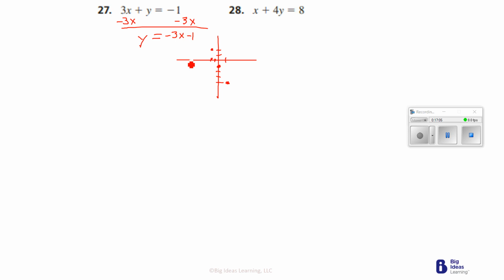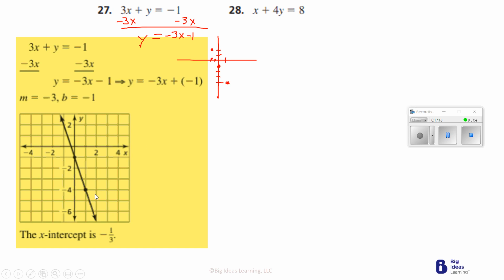So that should give me a slope of negative 3 and my y-intercept of negative 1. So x-intercept is negative 1/3, just like I said. Okay. You have number 28.